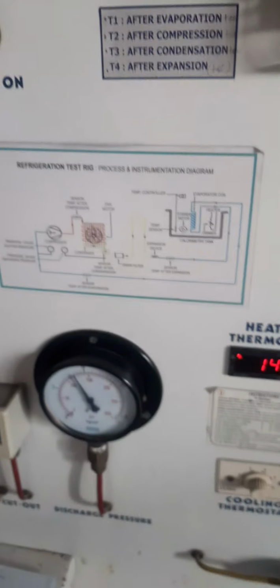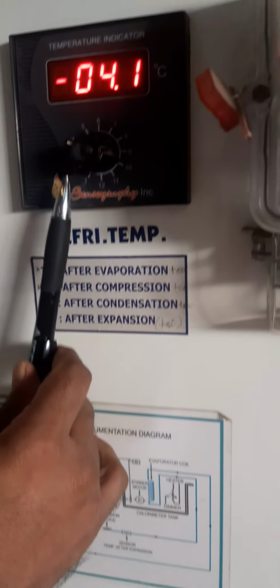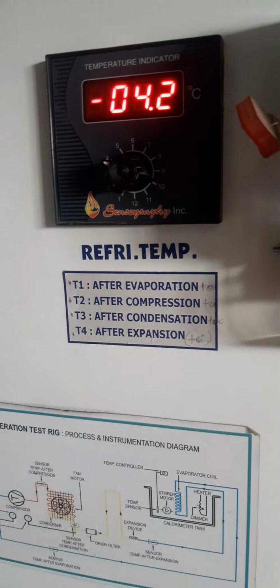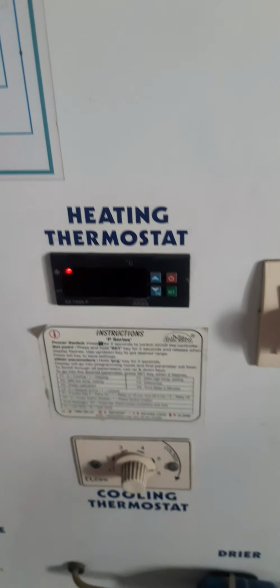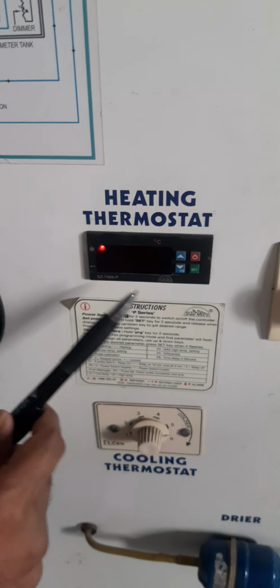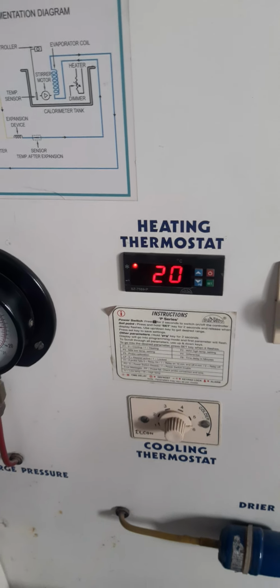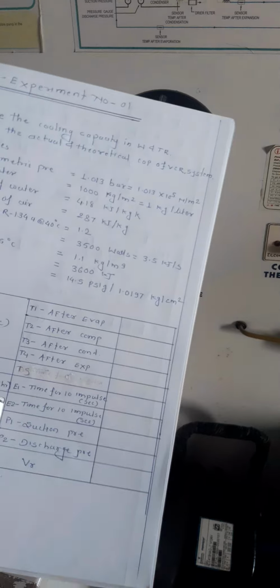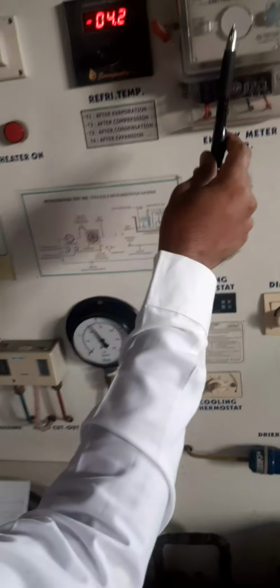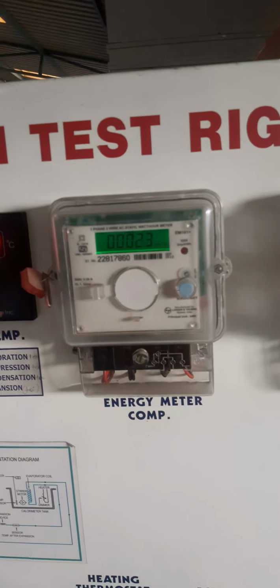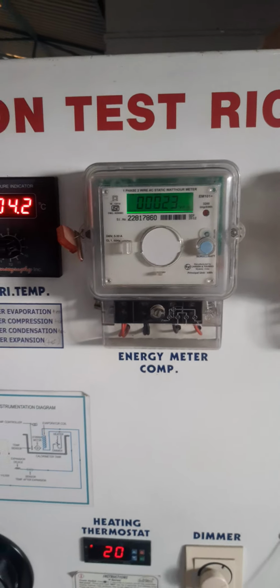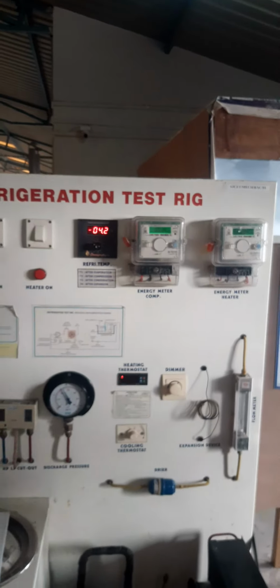So now you can see we have the values of T1, T2, T3 and T4, and T5 can be taken from this reading. That is over. Now the second one is the energy meter for the compressor. Here we can find out how much time is required for the 10 impulses of the energy consumption.